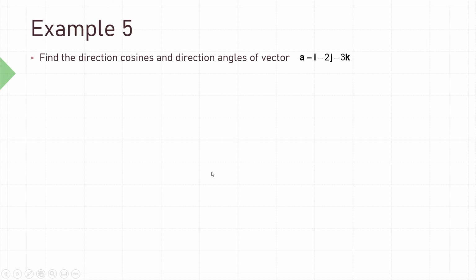Now let's see example 5 here. We need to find the directional cosines and directional angles of this vector. So we start with cos alpha, cos beta and cos gamma. So let's do one by one. Let's say we start with cos alpha.